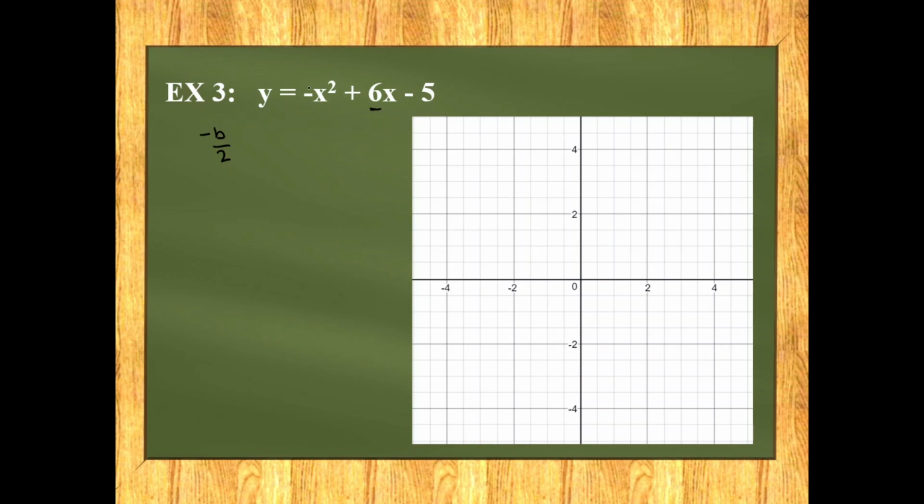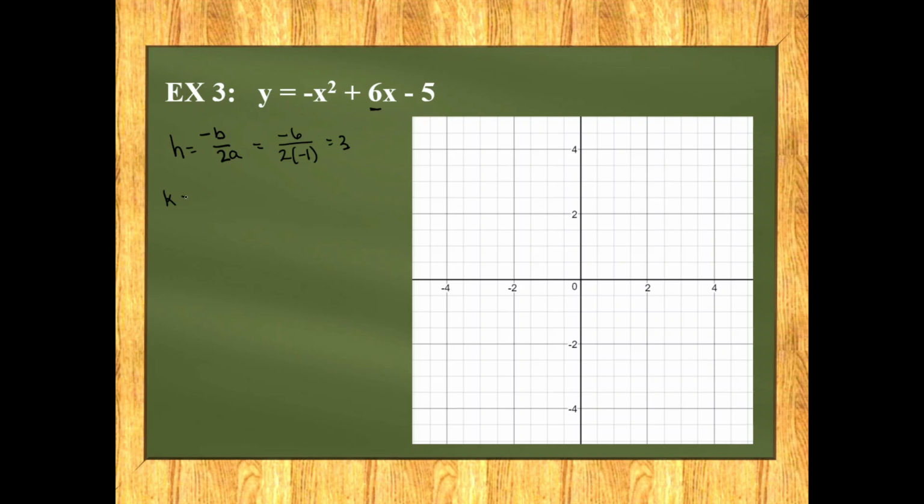Now also notice in the example we did with completing the square, we wanted this leading coefficient to be 1. Well, one of the ways I deal with having to factor out that first is by putting the a value in here. So my h value of the vertex is going to be -b over 2a. So in this case, that'll be -6 over 2 times -1, so that's 3.